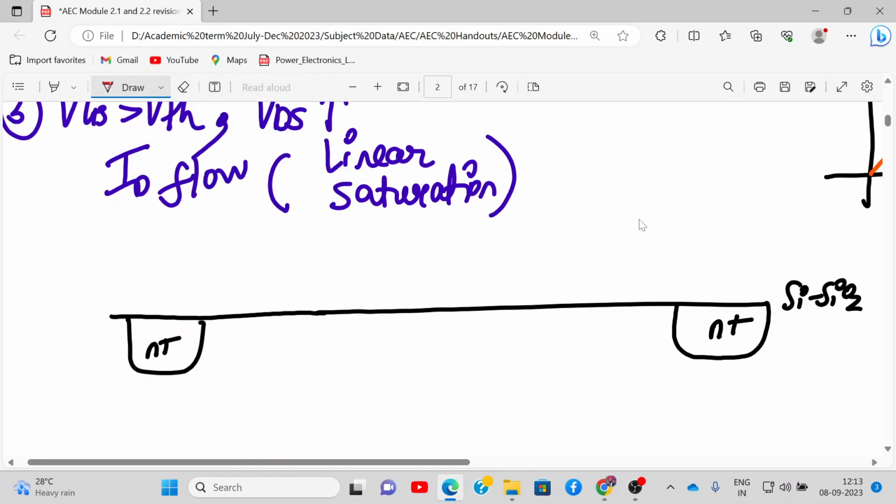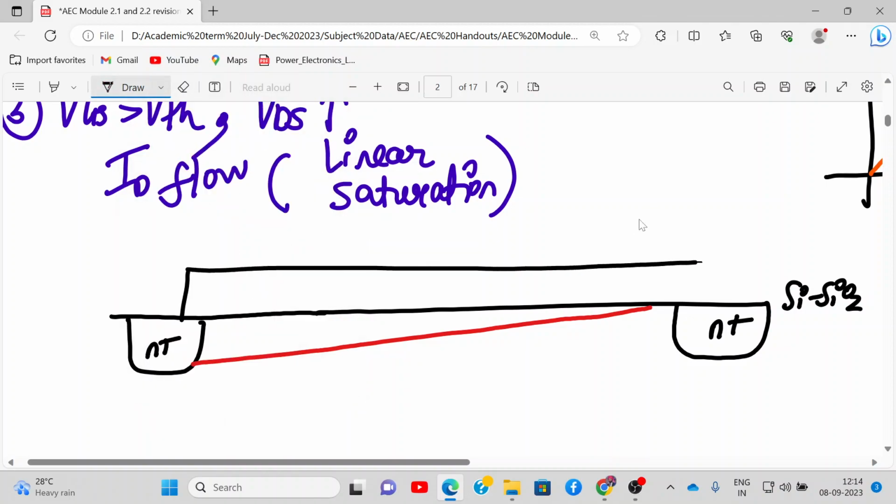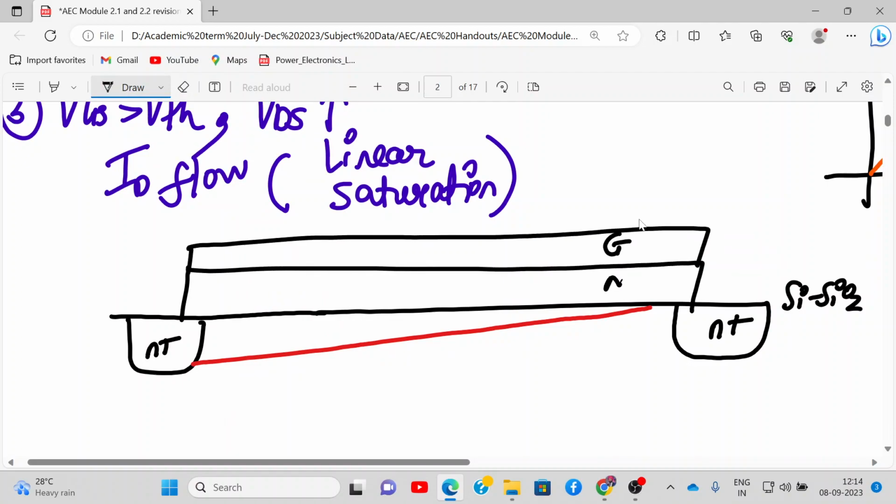So the channel is disappearing over here, right? Correct. So what happens in this region? And of course this is my oxide, and over here I have my gate. So this is the gate, this is the oxide layer, and this is my gate terminal.